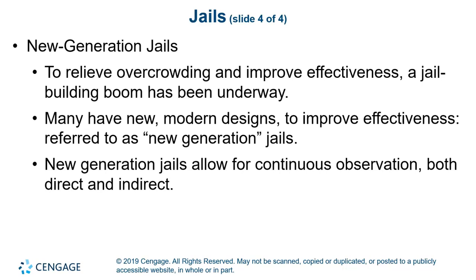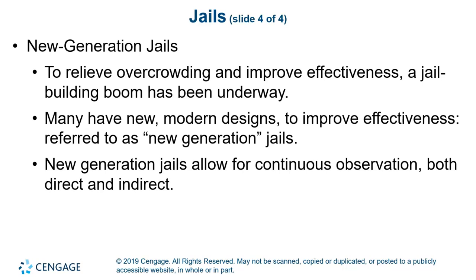To relieve overcrowding and improve effectiveness, a jail building boom has basically been underway. And many of the new jails are using modern designs to improve effectiveness. These are referred to as new generation jails, right? Traditional jails are constructed on what is referred to as a linear intermittent surveillance model.